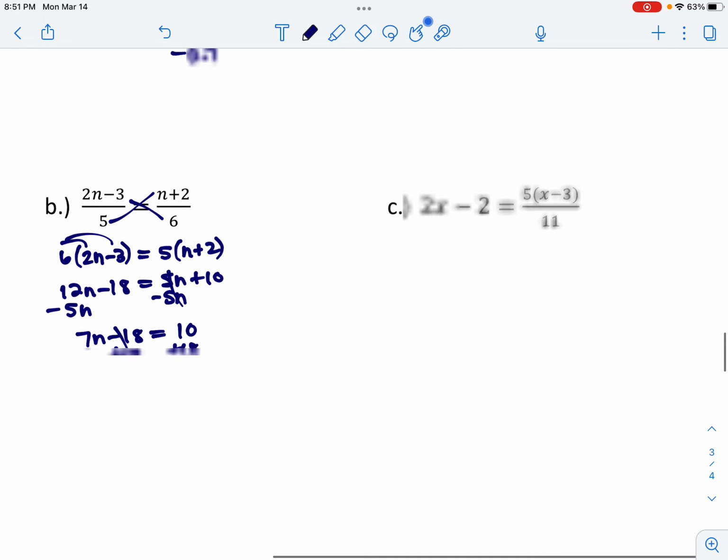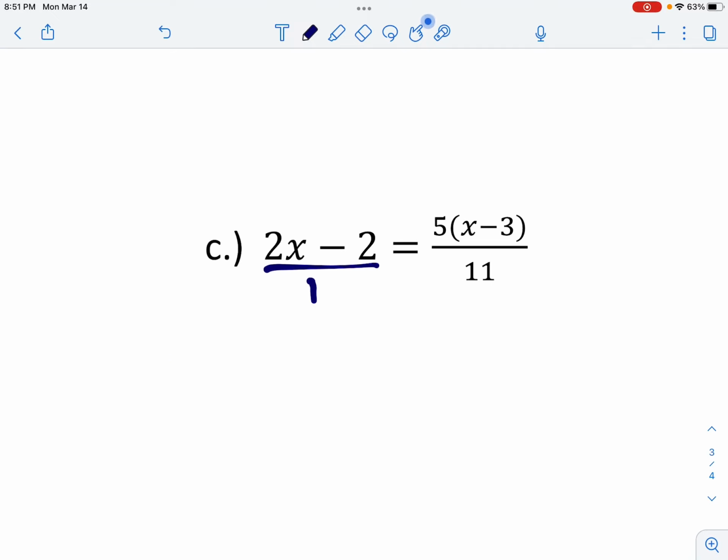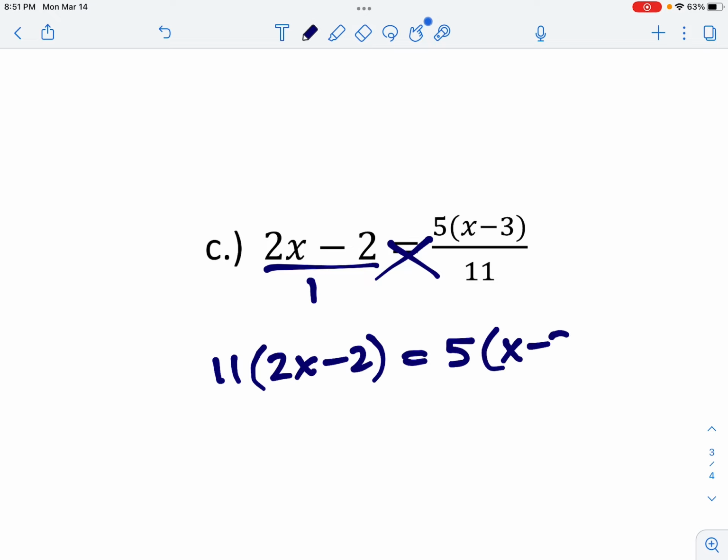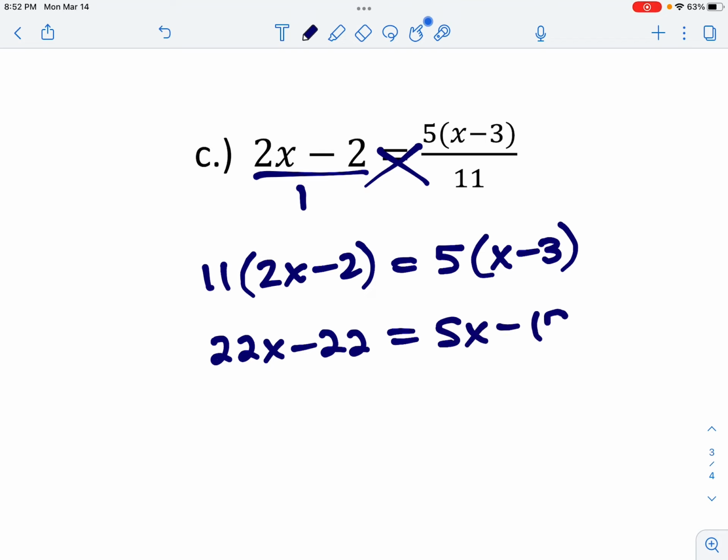Okay. And for C, we can put this over a 1. When we cross multiply, we get 11 times 2x minus 2 is equal to 5x times the quantity x minus 3. Distribute, so we get 22x minus 22 is equal to 5x minus 15.